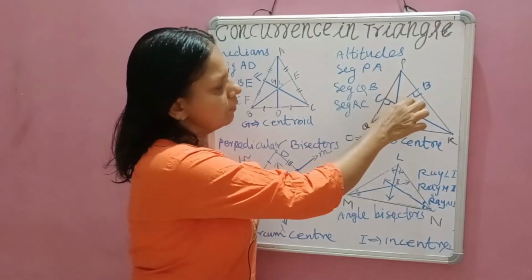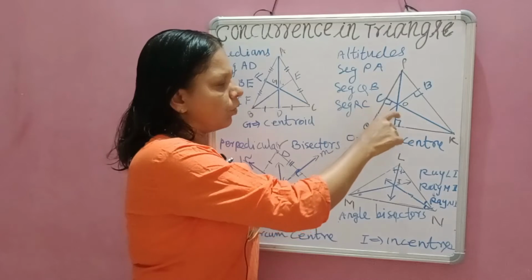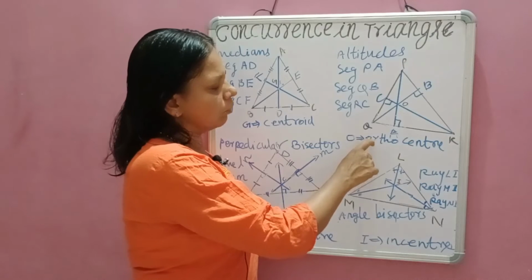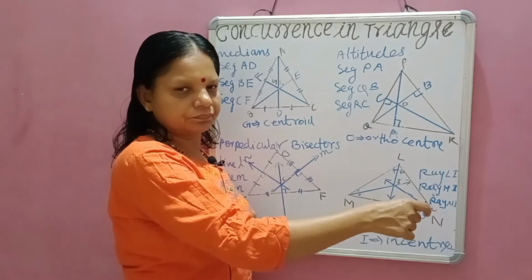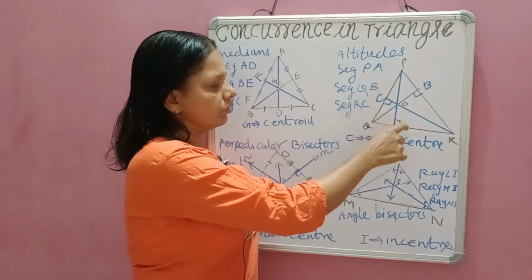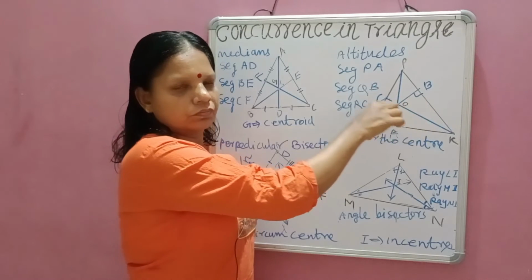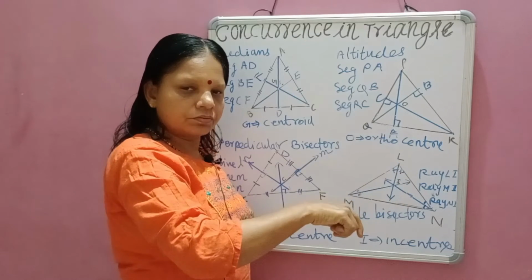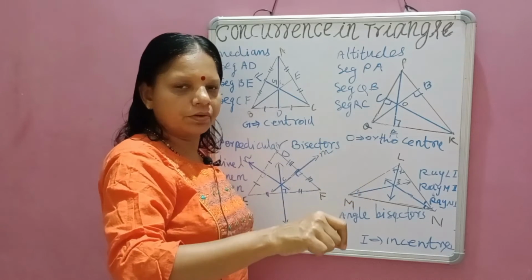They intersect at a single point named O. The point of concurrence of altitudes is called orthocenter, and it is represented by the symbol O. So altitudes are concurrent, here medians are concurrent. Here centroid, and the point of concurrence here is orthocenter. This also you can try. Draw any triangle. Draw the altitudes to all the three sides. It can be seen that they intersect at a single point.